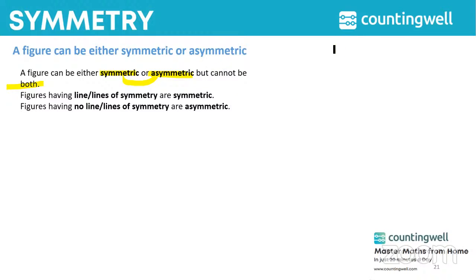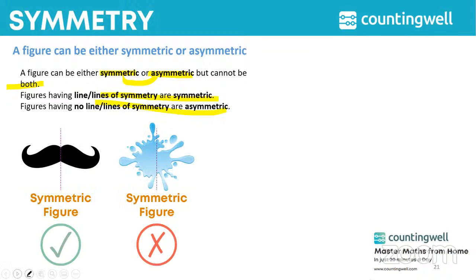But note that every object has rotational symmetry of order 1. Figures having a line or lines of symmetry are symmetric, whereas figures having no line of symmetry are asymmetric.